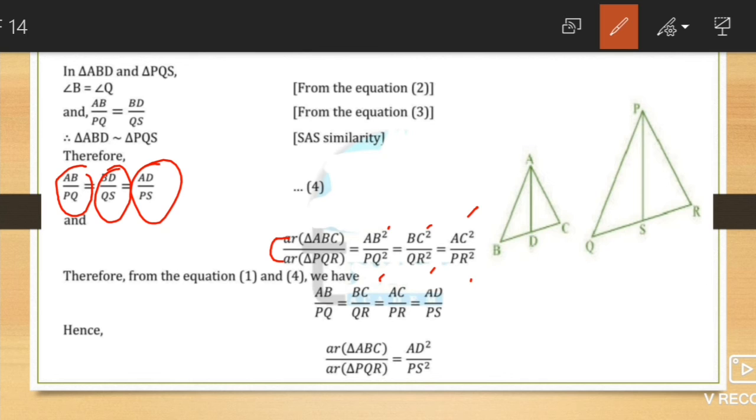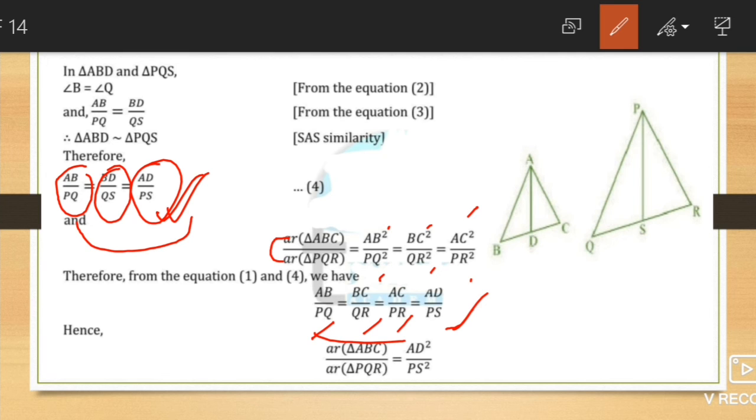So if you join equation number 1 and 4, you can say that AB by PQ is equal to BC by QR is equal to AC by PR is equal to AD by PS. Here is AD by PS, which is equal to AB by PQ. That's why in this whole ratio you can add AD by PS also.